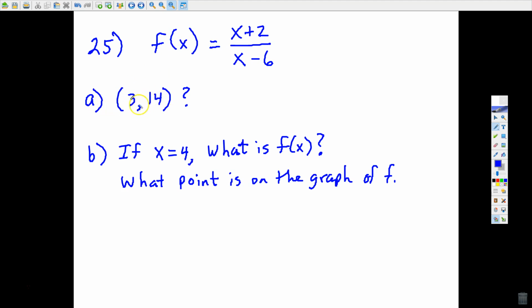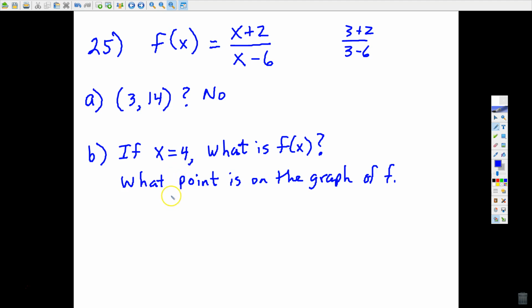Like letter A says, is the point 3, 14 on the graph? Well, in other words, if you input 3 in for x, if you have 3 as an input, does 14 come out as an output? Well, that's pretty obvious that it does not, so the answer is going to be no to part A.